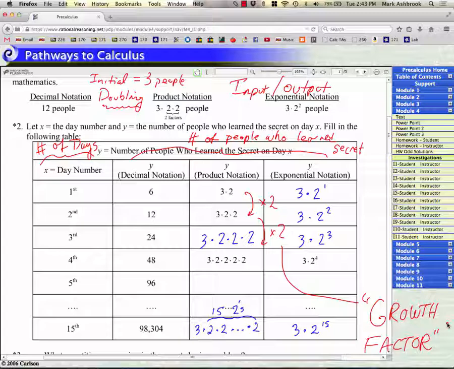It's a very specific way for the output to change. You pick a number and you keep multiplying by that same number to get the next output. That's exponential growth.